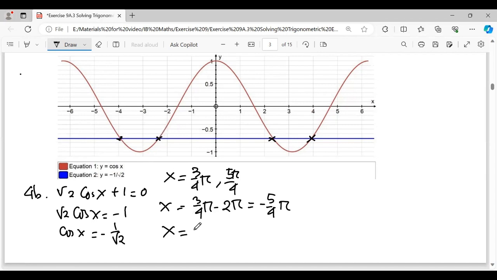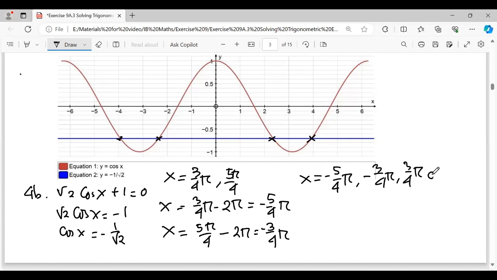And this one is 5/4 pi minus 2 pi. 8 minus 5, 3, negative 3/4 pi. So x are negative 5/4 pi, negative 3/4 pi, 3/4 pi or 5/4 pi.